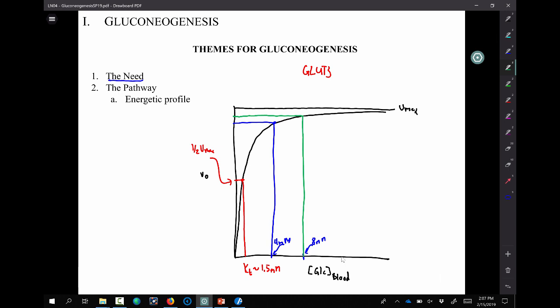You'll notice here that when I have a twofold drop or twofold increase in the concentration of glucose in the blood, going from 4 millimolar to 8 millimolar or 8 millimolar to 4 millimolar, I have a pretty small change in the absorption rate of glucose in the neuronal tissue based off of these kinetics.